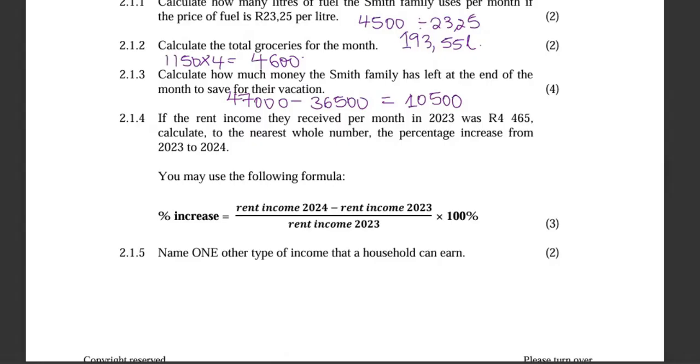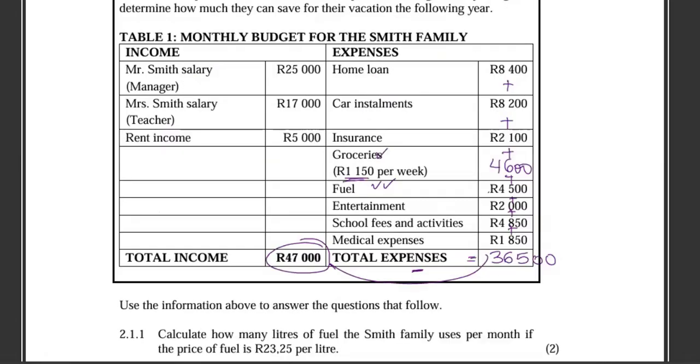If the rent income they received per month in 2023 was 4,465 rands, calculate, to the nearest whole number, the percentage increase from 2023 to 2024. So this is what we're going to do. Let's go back to our table here. This is the rent income.